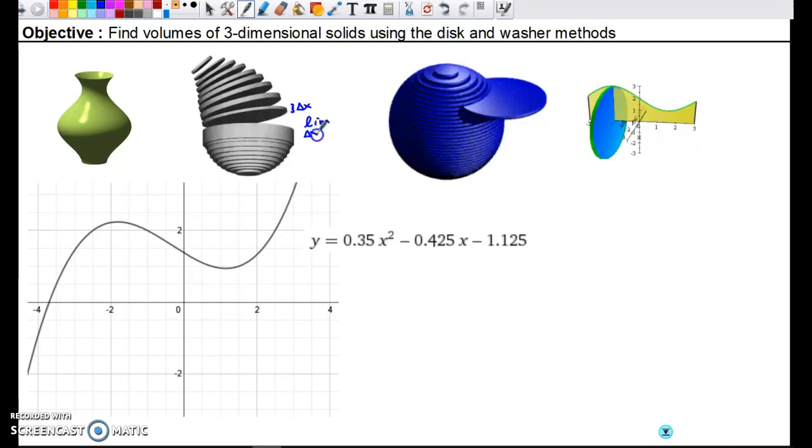We want the limit as that partition, the height of that cylinder, goes to 0, which means that the higher the number of cylinders I have, the better approximation I get. So you can approximate a sphere this way by making tiny cuts horizontally, because I can find the volume of a cylinder.